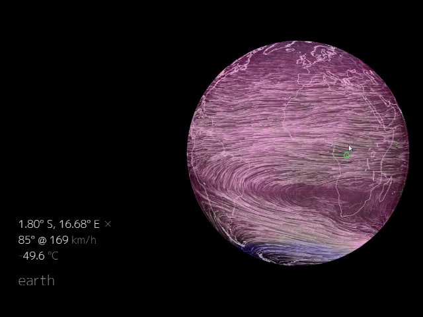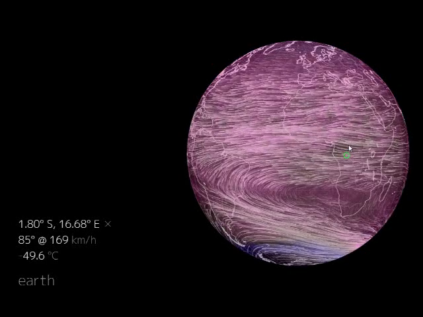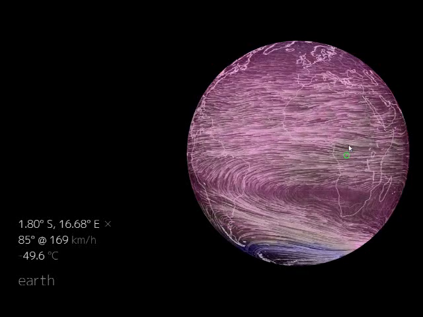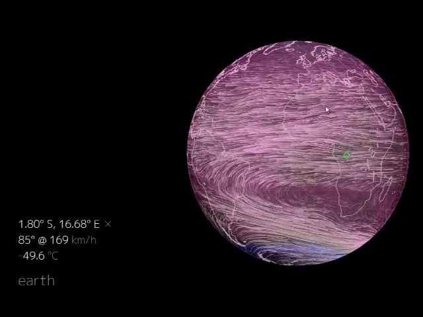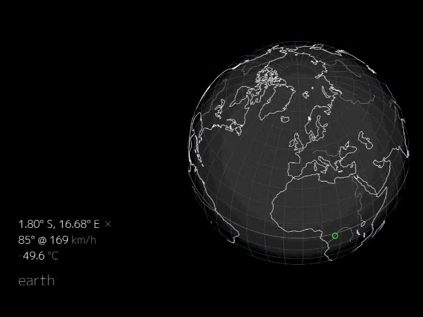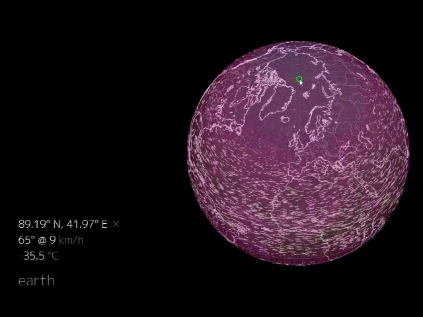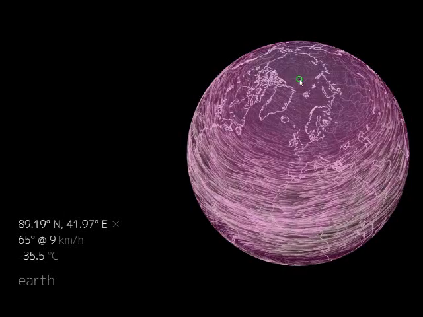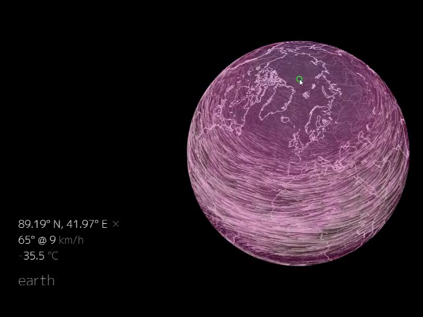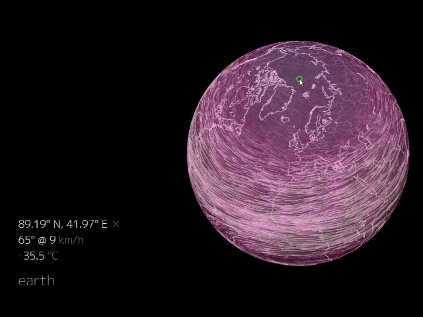Remember, we're well high in the atmosphere, so don't be alarmed at seeing minus 49 degrees Celsius over Africa. But when we compare it to the Arctic region, we can see it's minus 35. There's a big difference between the Arctic region and the Antarctic region at this altitude.